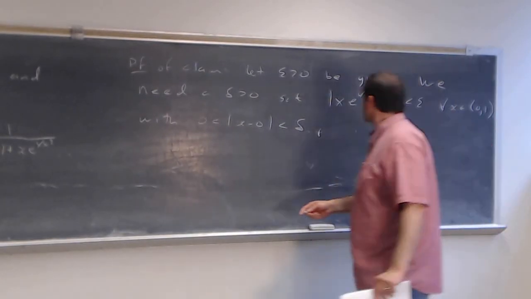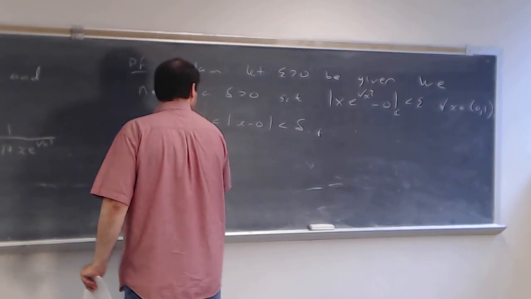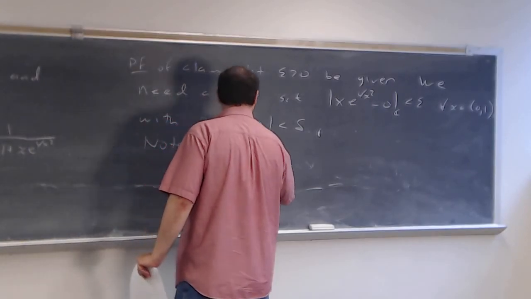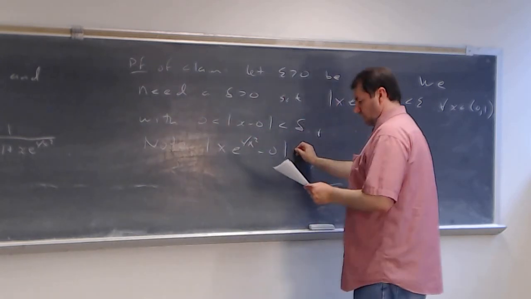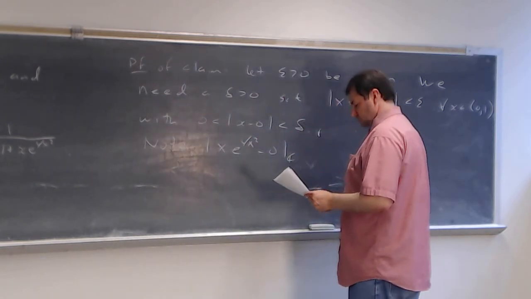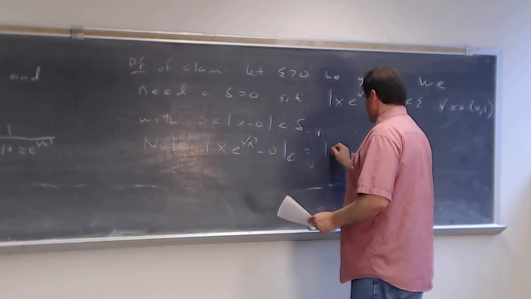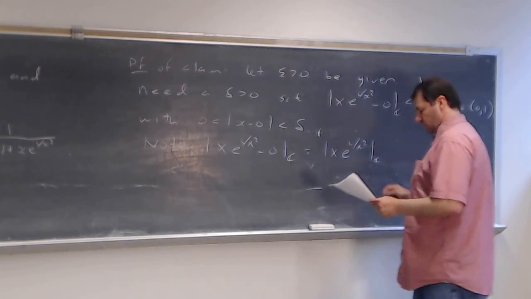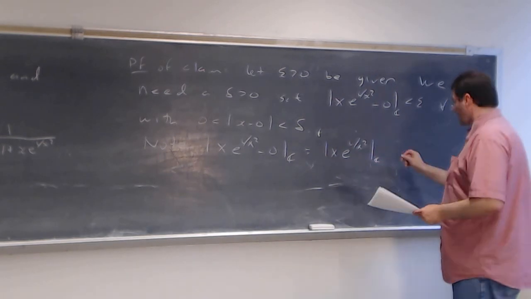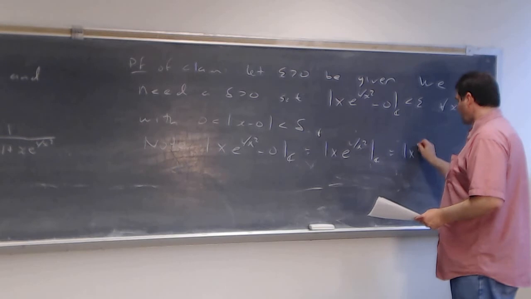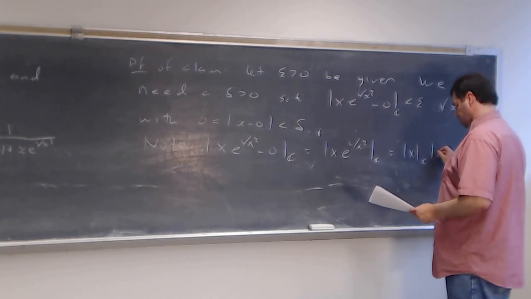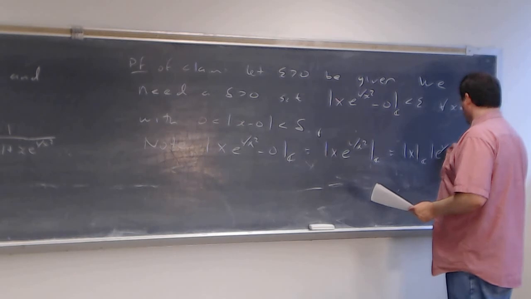Well, let's look at what we're trying to make less than epsilon. Note this x times e to the i over x squared minus 0 in the complex norm is equal to the complex norm of x times the complex norm of e to the i over x squared.